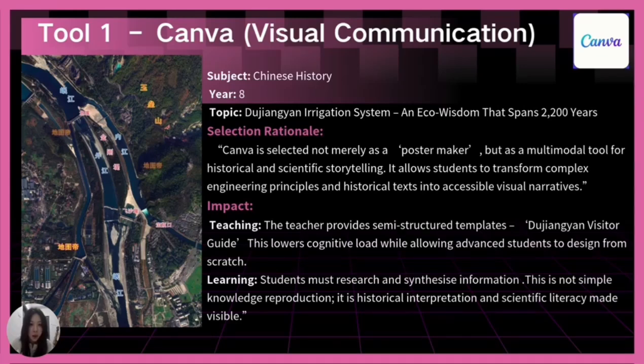Canva is selected not merely as a poster maker, but as a multimodal tool for historical and scientific storytelling. It allows students to transform complex engineering principles and historical context into accessible visual narrative.